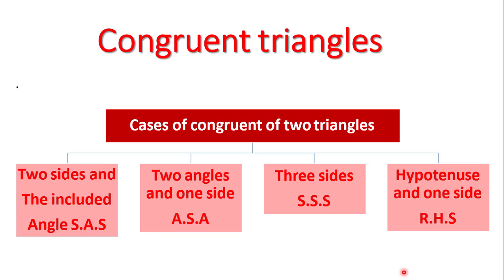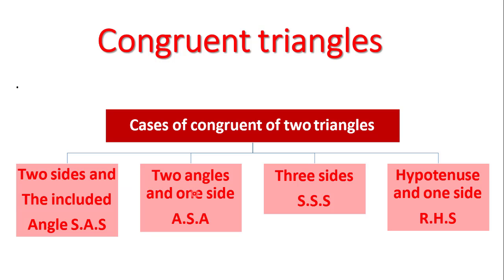In general, we have 4 cases of congruent triangles. The first case is called side angle side, or two sides and the included angle.